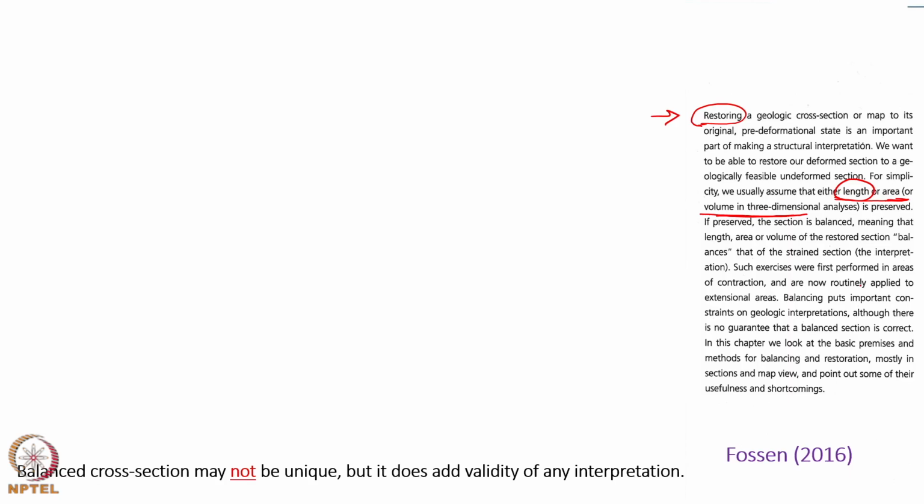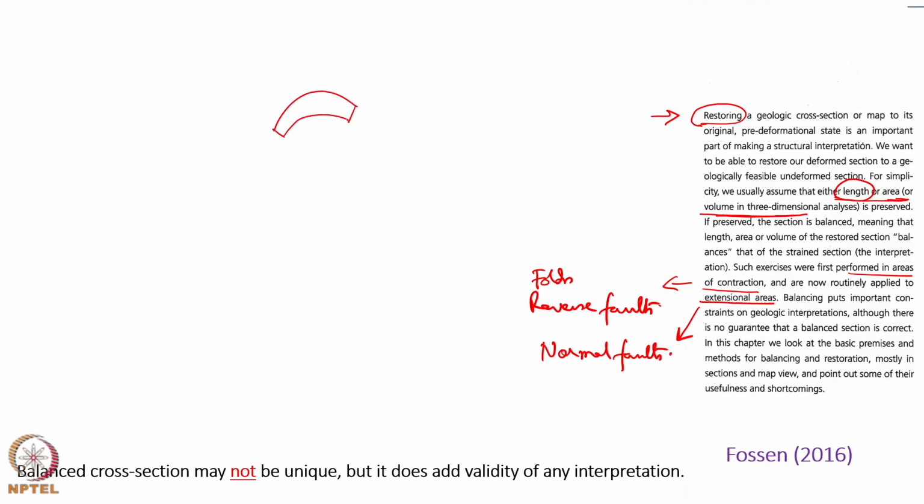Earlier, cross section balancing was performed in areas of contraction, compression, and the products were typically reverse faults. However, now routinely it is also applied on the extensional areas, so normal faults can also be restored. We can look at a folded layer, and by balancing we mean that its undeformed orientation is generated either on paper or on computer screen.